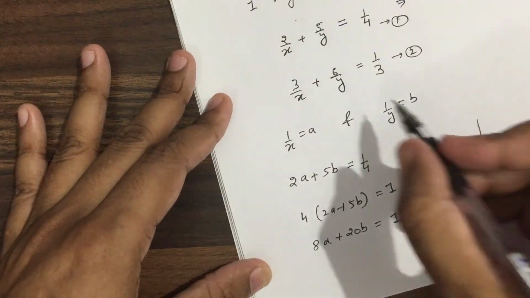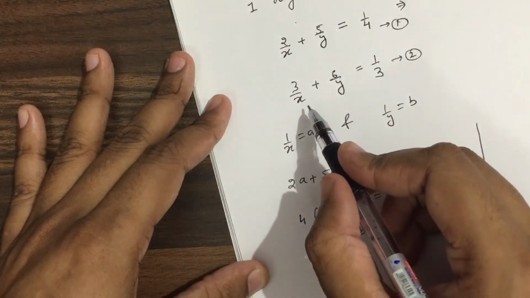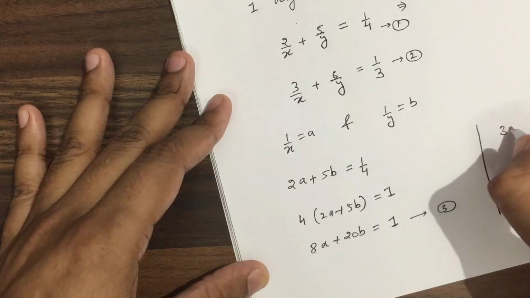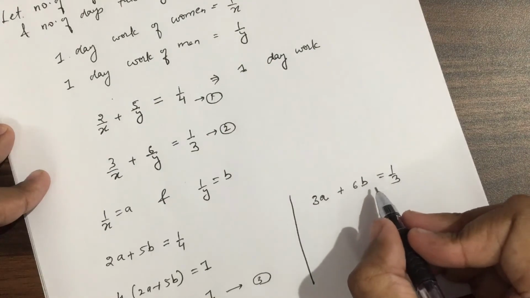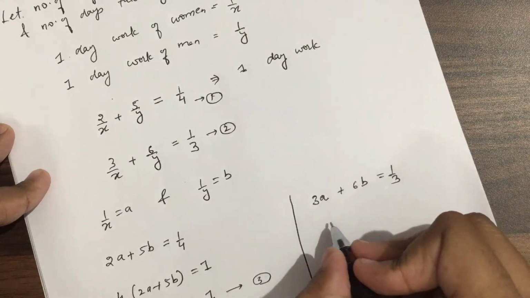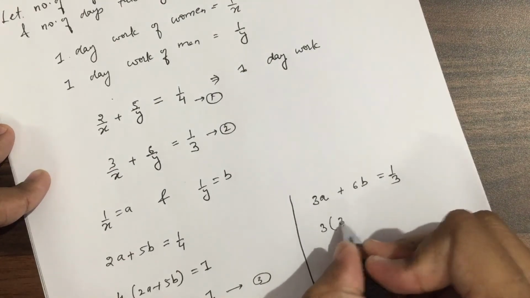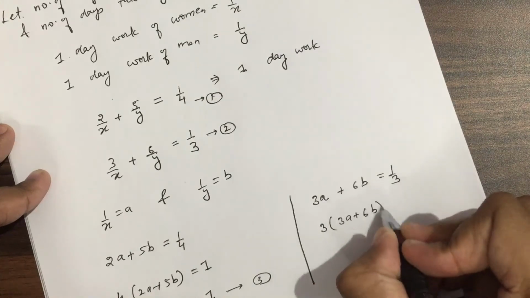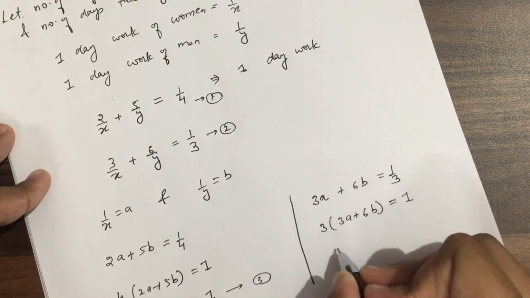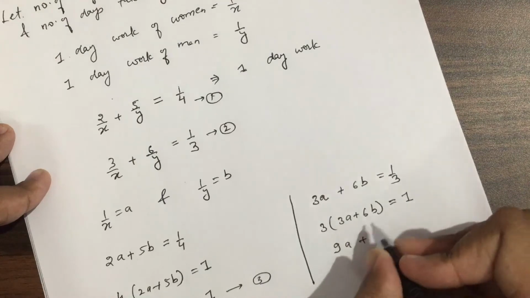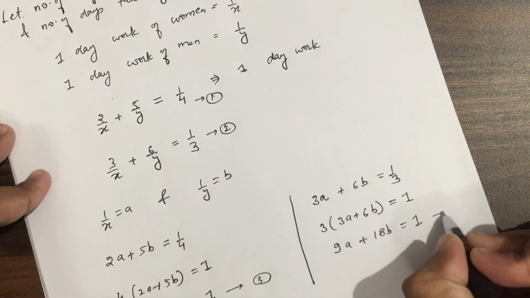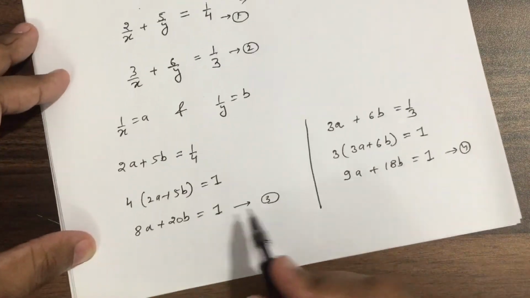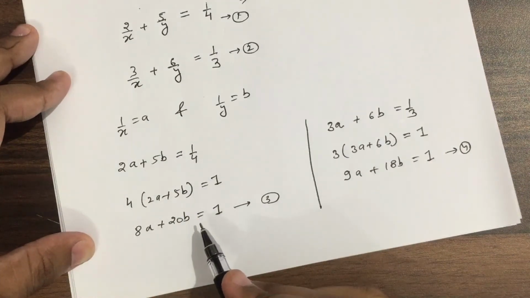Similarly, simplify equation 2. 3a plus 6b equal to 1/3. So this will reduce to, cross multiplying, 3a plus 6b equal to 1. This will reduce to 9a plus 18b equal to 1. This will be your equation 4. So these are your two equations 3 and 4.